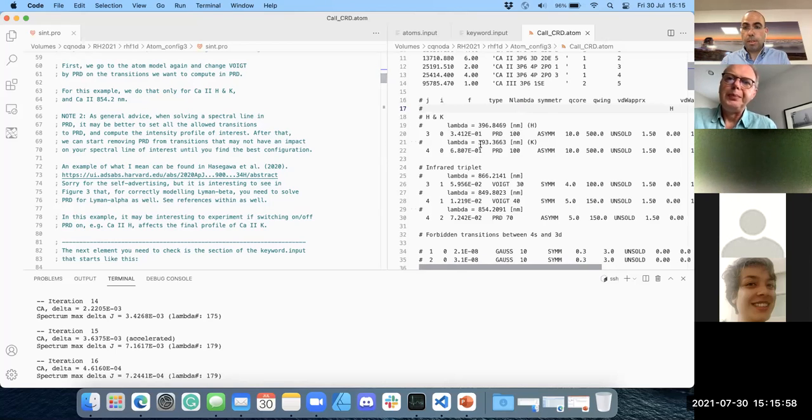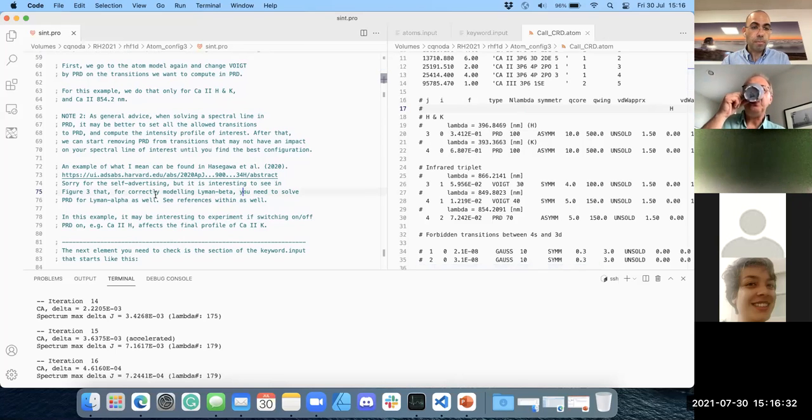After that, you start removing PRD from the transitions you are not interested in, and each time you remove one, check that there is no impact on the transition of interest. This is because some transitions may be related to a level involved in the transition of interest, and adding PRD for those transitions solves the population better, and it can improve the accuracy of your level.